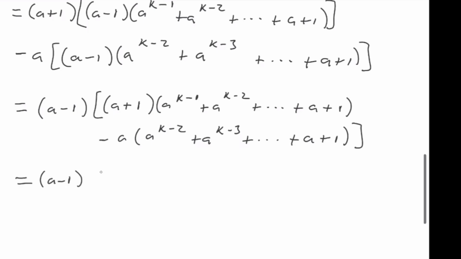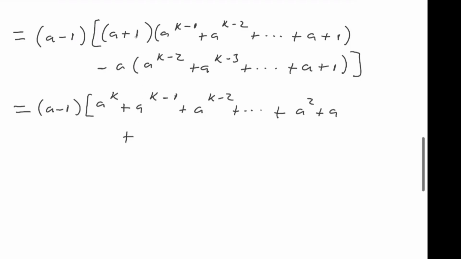We have a minus 1 in the front, and then we have a sub k, plus a sub k minus 1 plus a sub k minus 2 plus dot dot dot plus a squared plus a, and then we're going to do plus, because 1 times a sub k minus 1, so a sub k minus 1 plus a sub k minus 2 plus dot dot dot plus a squared plus a plus 1, right?